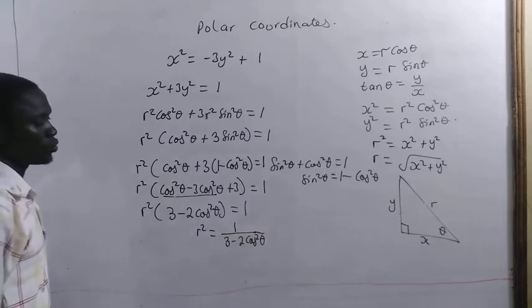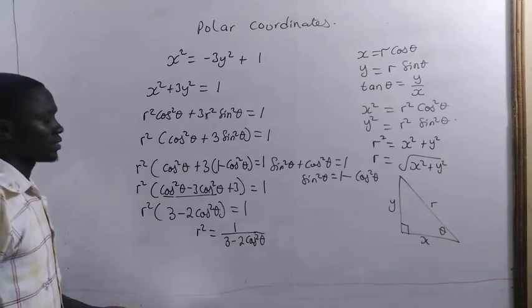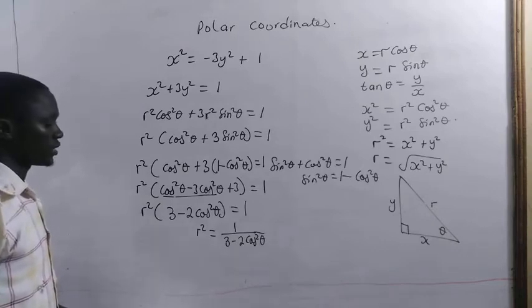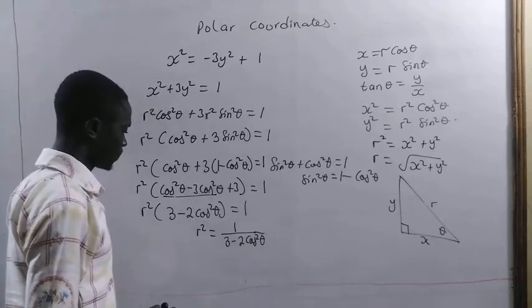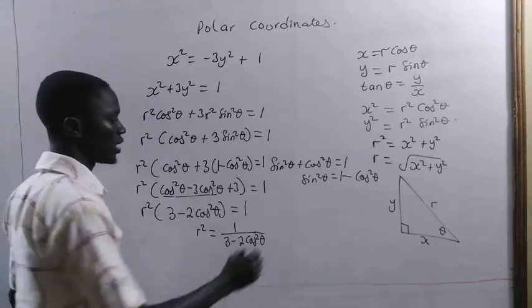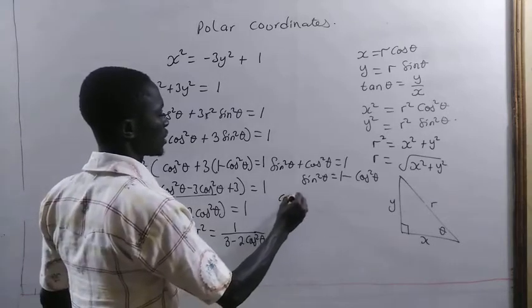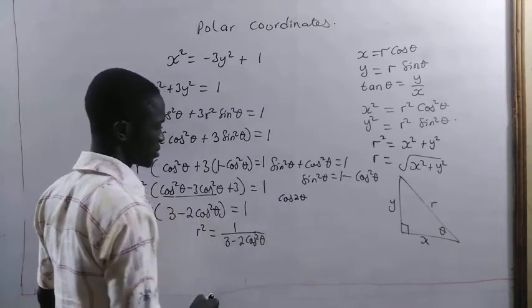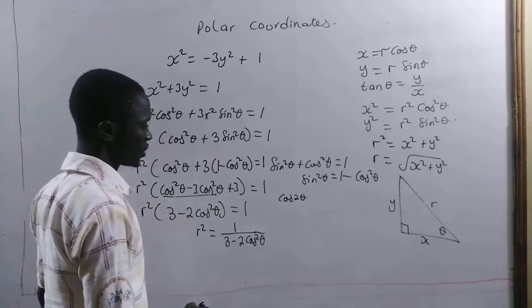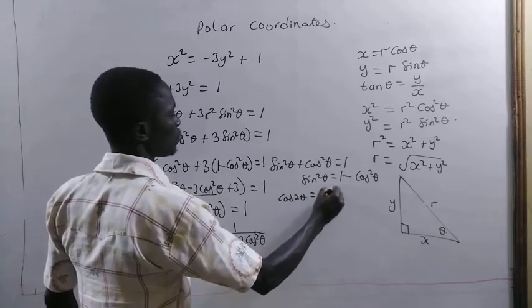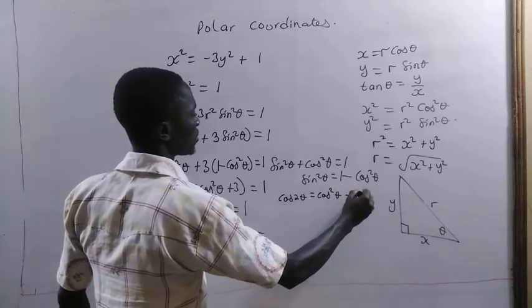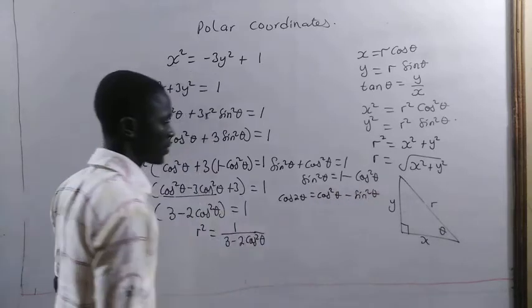Wow. And what is cosine squared of theta? We can do that one and see if we can get something here. If we have cosine of 2 theta, it is equal to cosine squared of theta minus sine squared of theta.